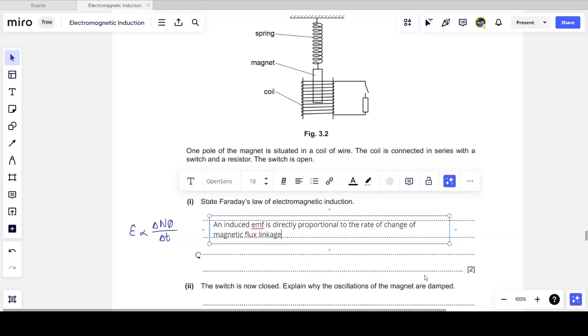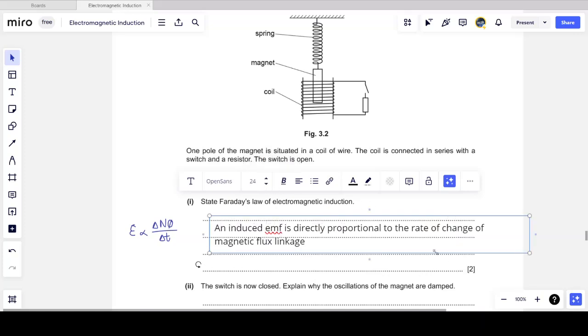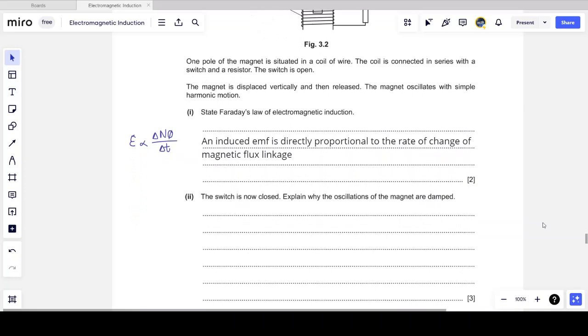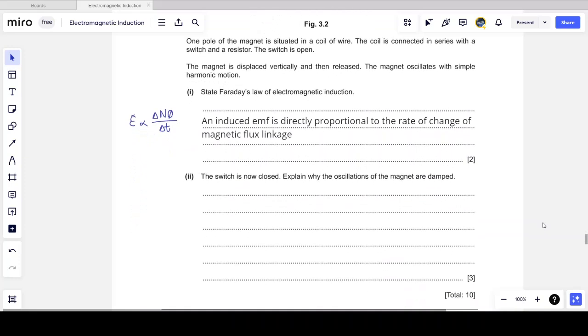So an induced EMF is directly proportional to the rate of change of magnetic flux linkage. And this is a definition of Faraday's law of electromagnetic induction. So an EMF is greater when the flux linkage is changing more rapidly, and an EMF is smaller when the flux linkage is changing more gradually. Now, obviously, there's going to be some application of this in the next question.